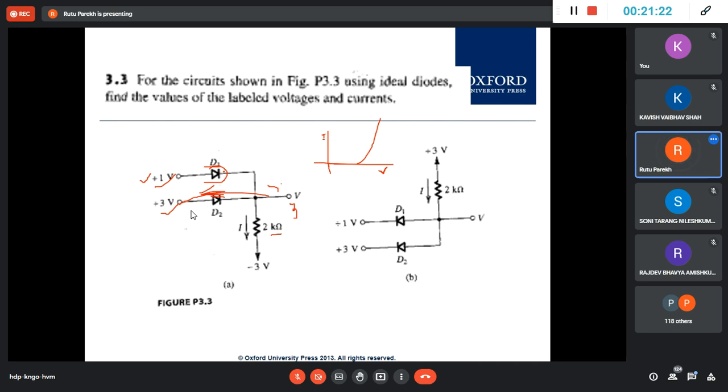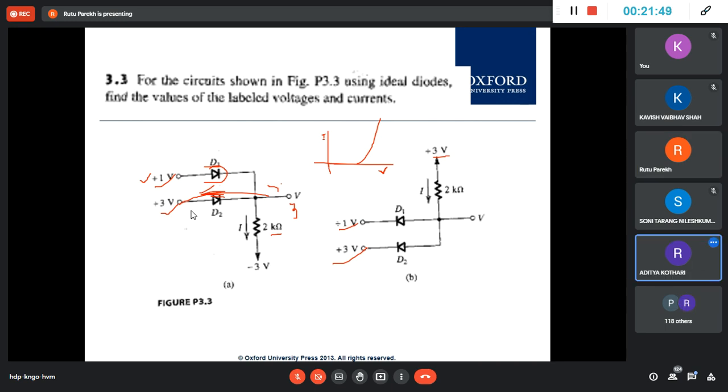I'm audible? Okay, so similarly, how about this? Now you should be able to say about this then. See, this is plus 3 volt, and R plus 1, R plus 3. So which one here will conduct?